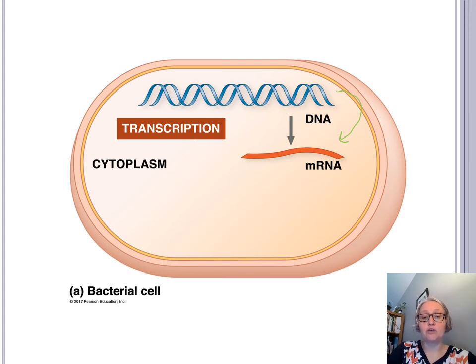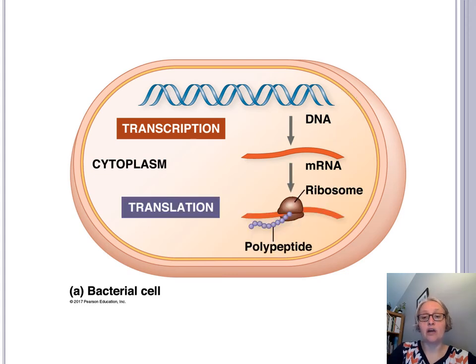After doing transcription, immediately that mRNA strand is going to be used for the process of translation. And there you can see there's our ribosome. That's the brown little hamburger bun looking thing. And then what we're making is the polypeptide. These little purple dots represent what's going to become our functional protein. So again, this is gene expression in prokaryotes. Transcription followed immediately by translation, making that functional protein.